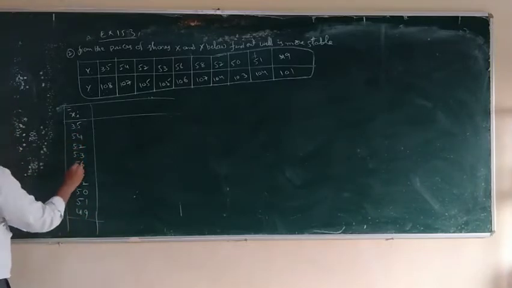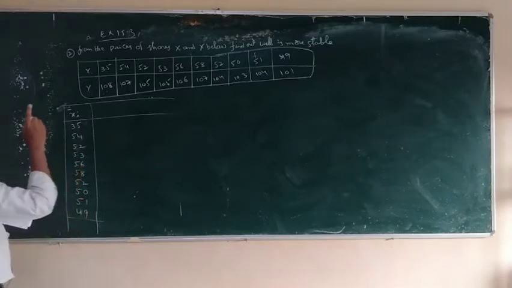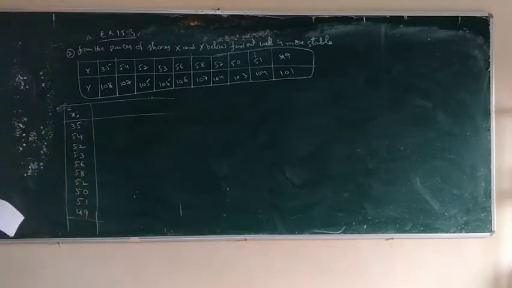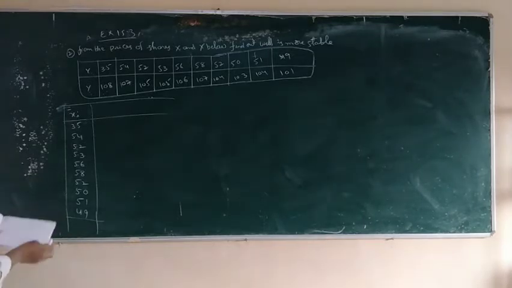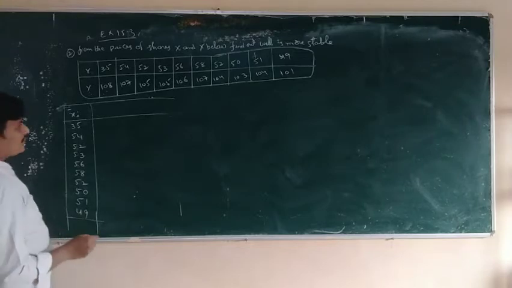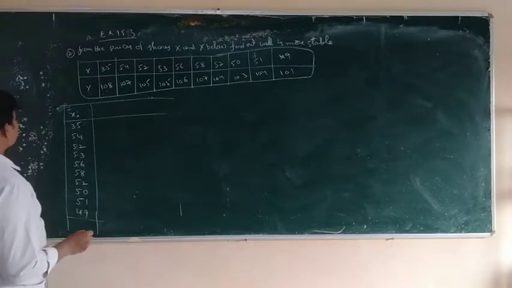Counting, there are 10 observations. First we have to find x bar. How do we find x bar?